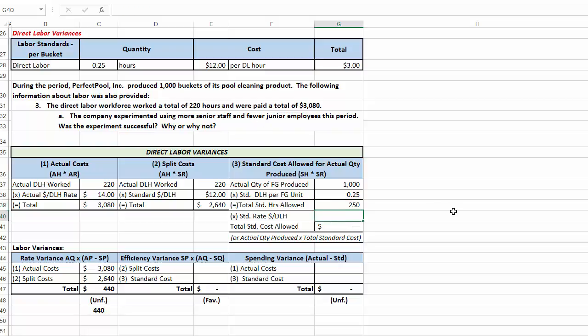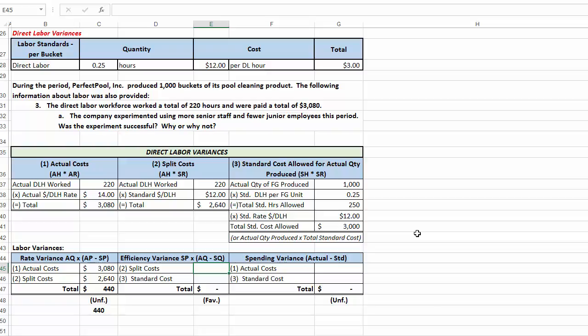The standard rate per hour was $12 per hour, so we can express our total standard cost for the units that we produced, 1,000 buckets produced. The total standard is $3,000. So let's calculate our efficiency variance.